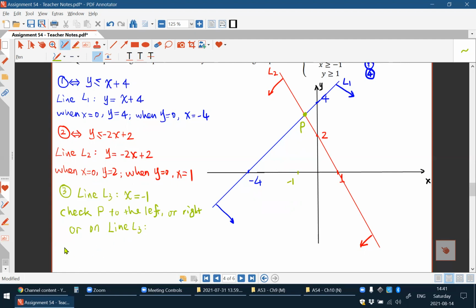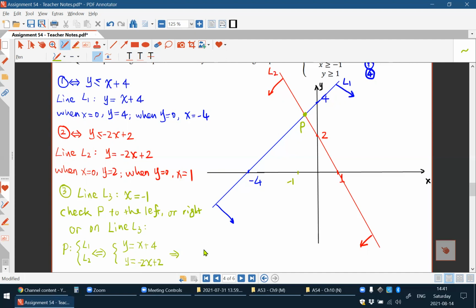So in order to check that, we need to find the coordinates of P, right? P is the intersection between L1 and L2. So in order to find its coordinates, we need to combine the equations of line 1 and line 2, which is equivalent to: line 1 is y equals x plus 4. Line 2 is y equals minus 2x plus 2.